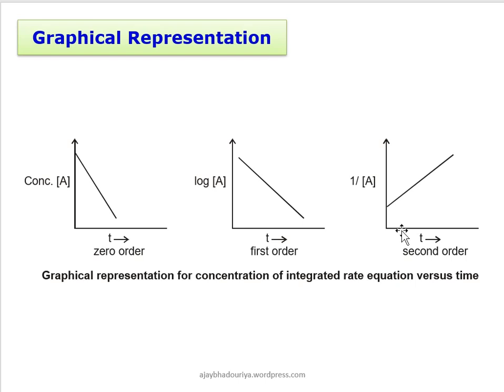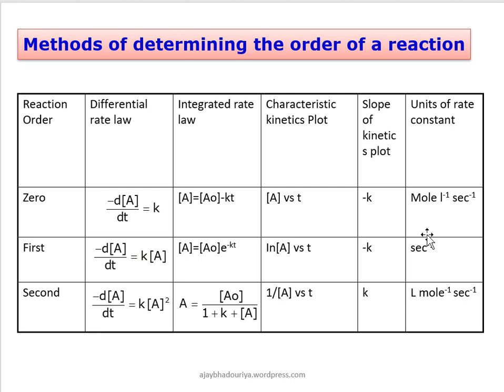That is the graphical representation with the help of the integrated rate equation. In the zero order reaction, concentration versus t, and in the first order reaction, log A versus t, while in the case of the second order reaction, 1 by A versus t, as we have taken in this graph.